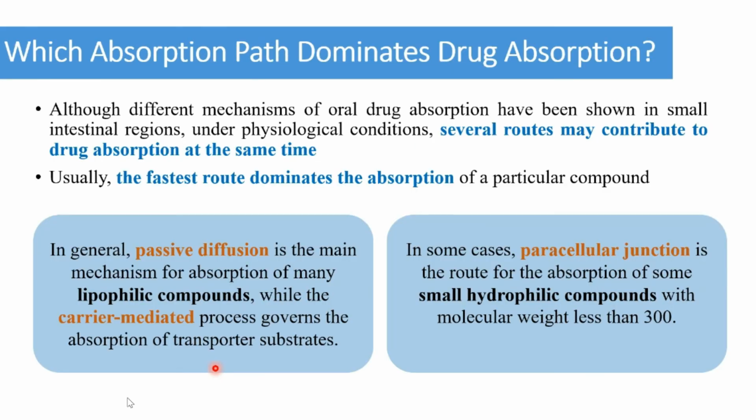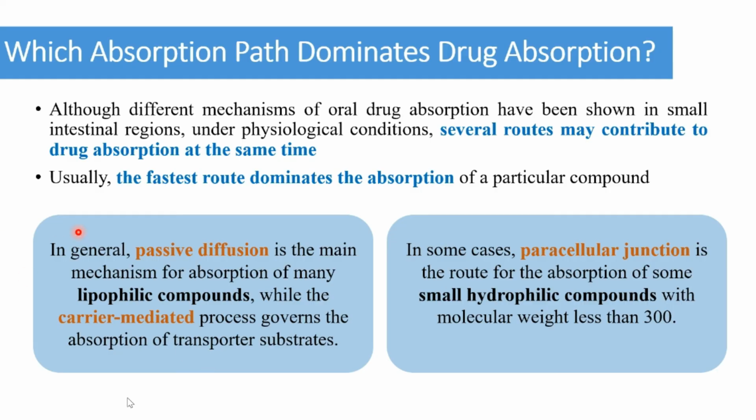So now we will talk about which absorption path dominates drug absorption. Although different mechanisms of oral drug absorption have been shown in small intestinal regions under physiological conditions, several routes may contribute to drug absorption at the same time. So a drug can be transported by passive diffusion and at the same time by endocytosis or other membrane transport.